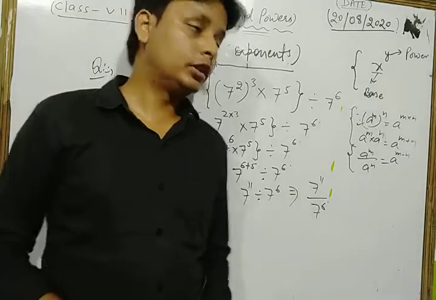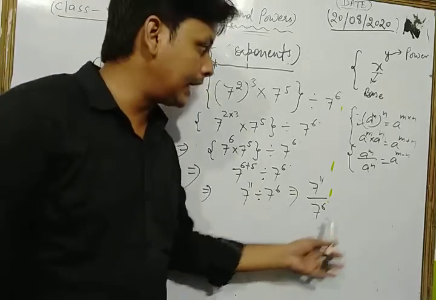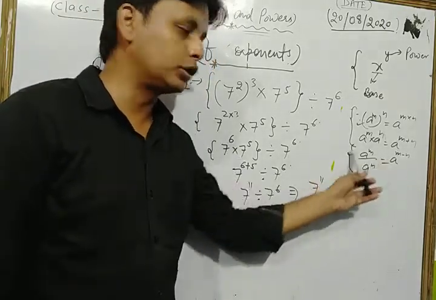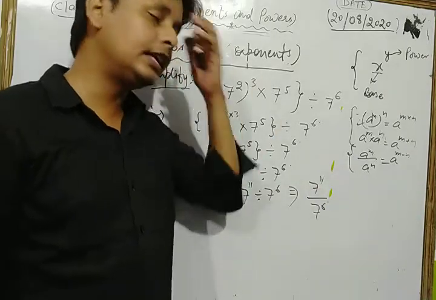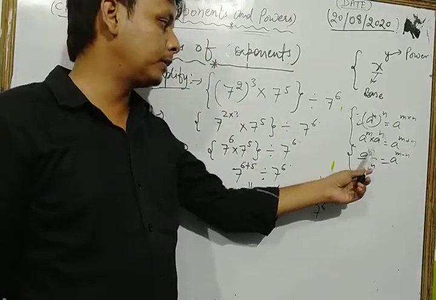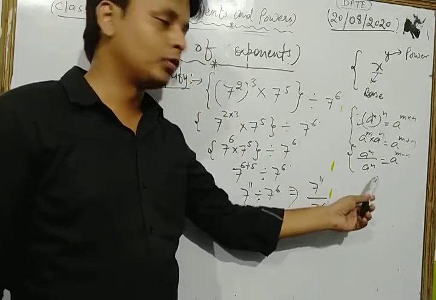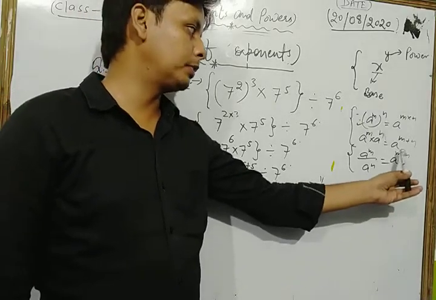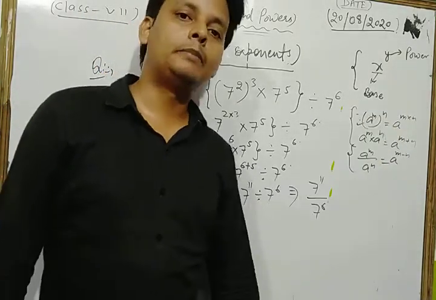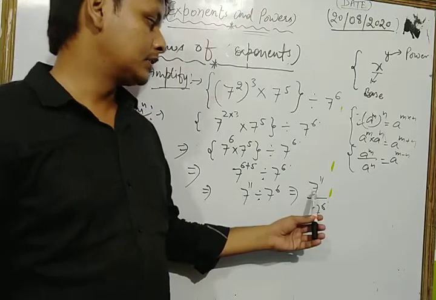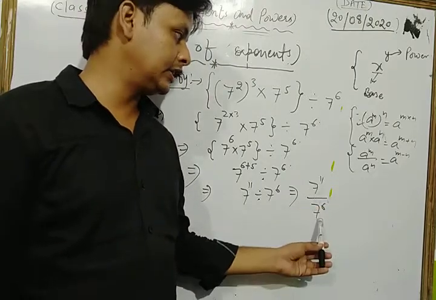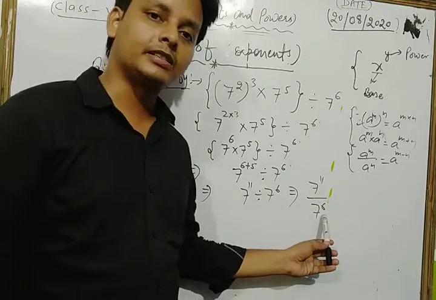Now, dear student, here we apply the law that if any value is in the form of a to the power m upon a to the power n, we write it as a to the power m minus n. Here we have 7 to the power 11 and in the denominator 7 to the power 6.